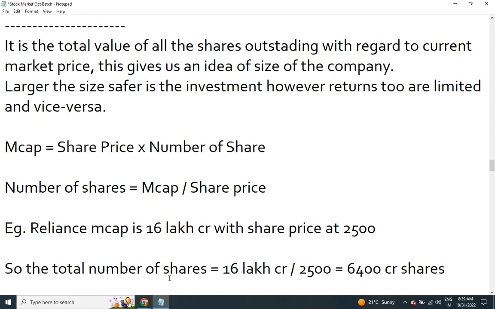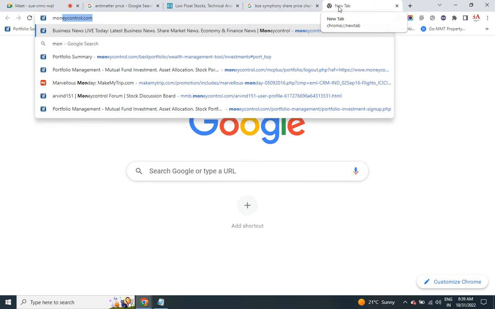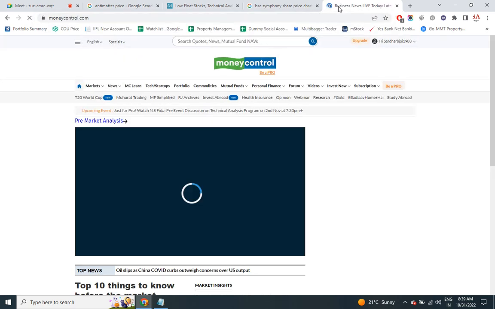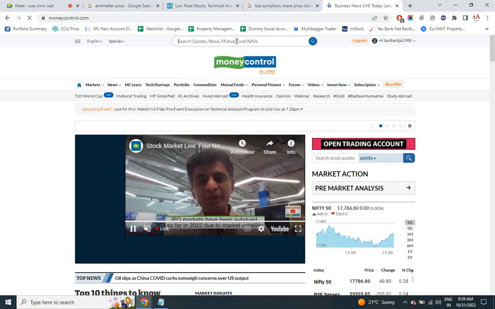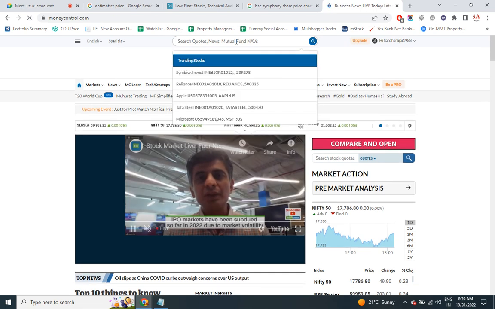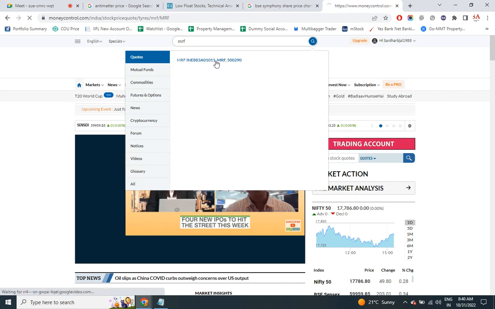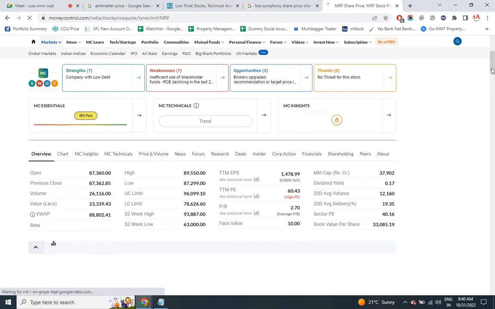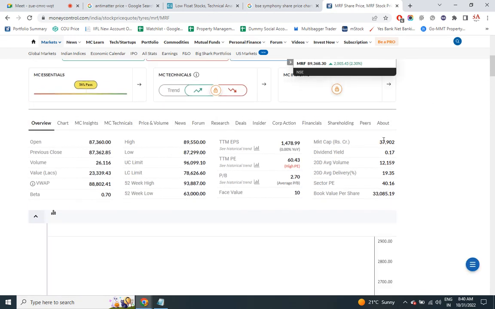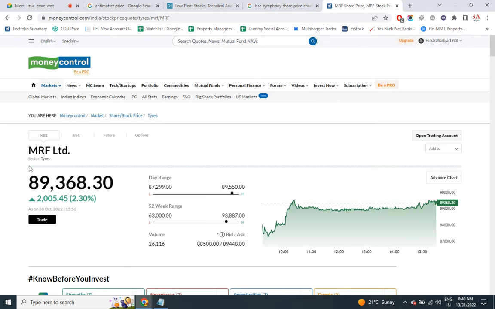Let's see quickly for MRF Tyres. Where can you find this market cap? If you search in Moneycontrol, you'll get it. They are providing even US based companies here. So what's the market cap here? 38,000 crore. So 38,000 crore divided by 90,000.